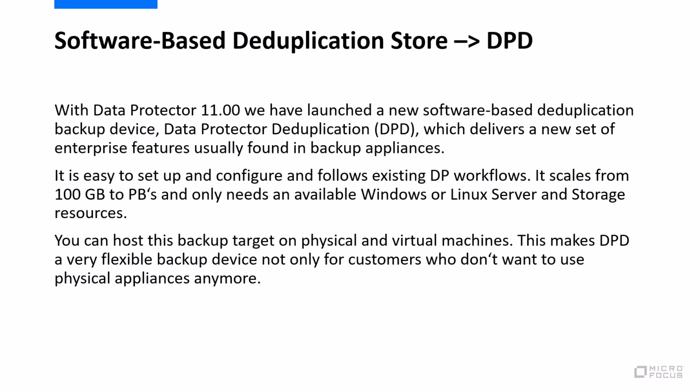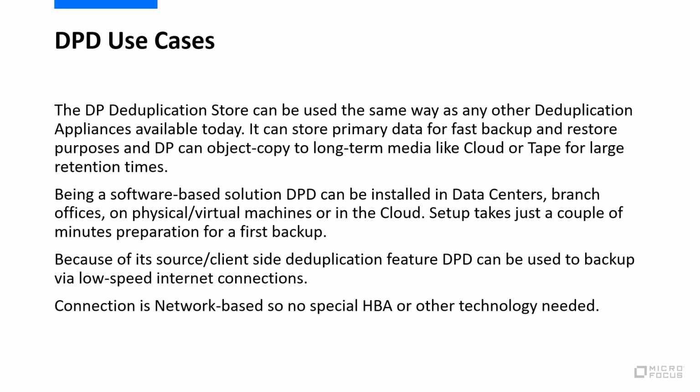Data Protector deduplication can be deployed on physical virtual machines, even in the cloud, and it just takes the local resources that you provide to it in terms of storage capacity and compute power. Data Protector deduplication can be used the same way as deduplication appliances available today. So it offers you the same look and feel, the same configuration, and also the same workflows within a backup configuration, disaster recovery configuration.